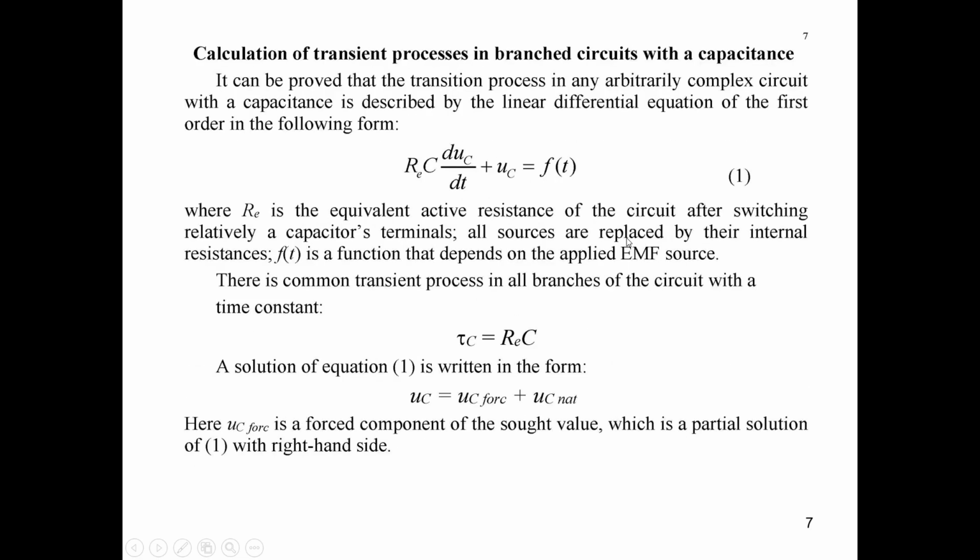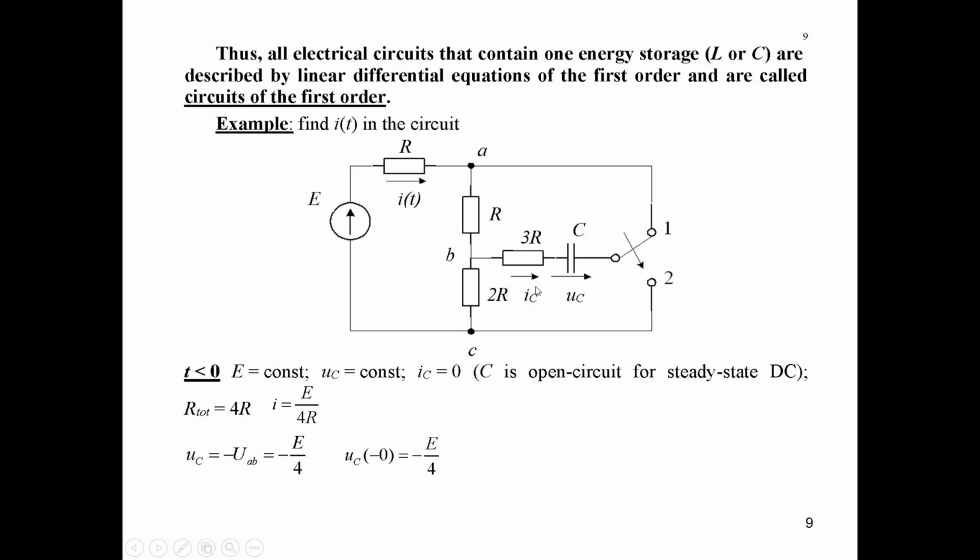You see, this is a first-order differential equation, and an analogous equation of the first order has been used for determination of transient processes in RL circuits. So let's consider this example.